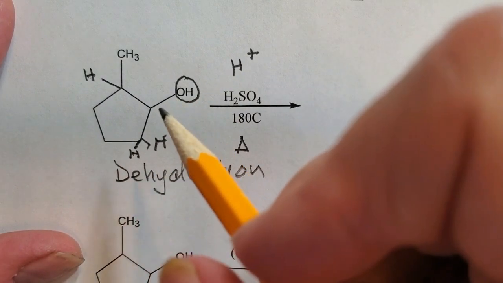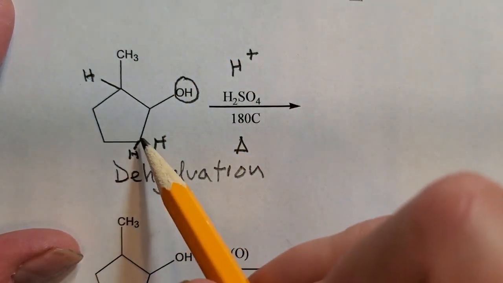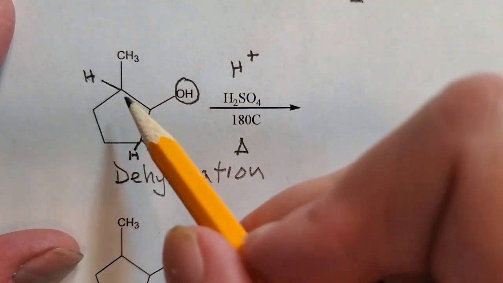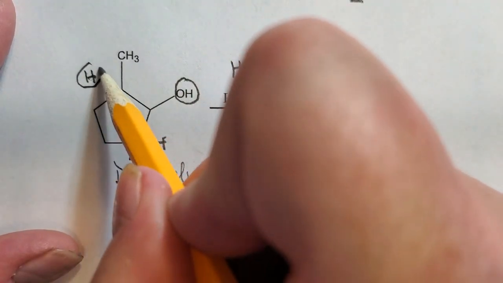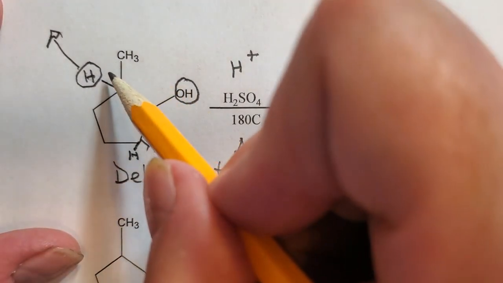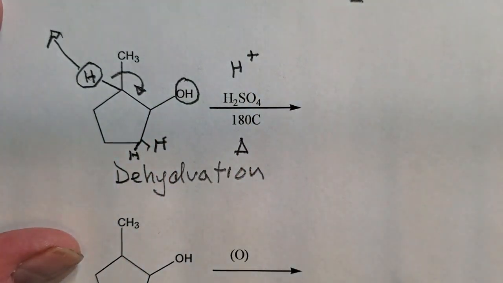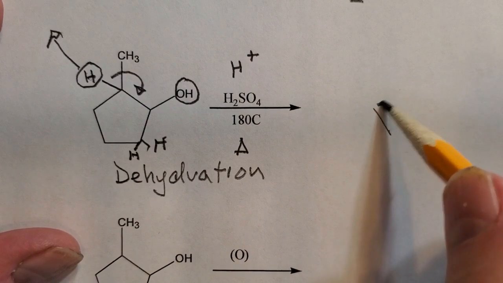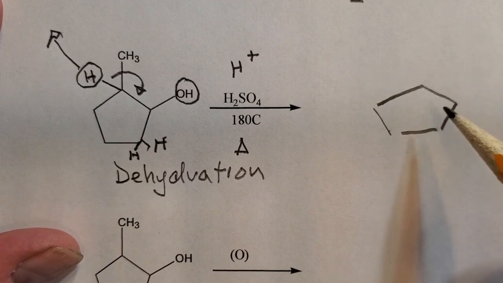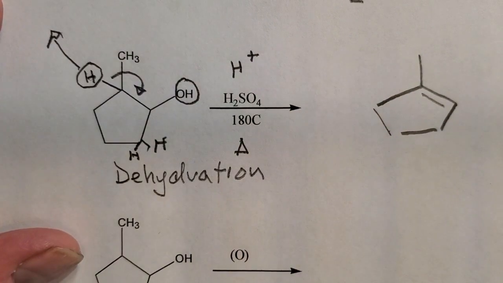And we pull off the one on the carbon with the least number of hydrogens. So this carbon has 2 hydrogens, this carbon has 1 hydrogen, so we're going to pull off this. And that bond is going to go there. So here is our answer.